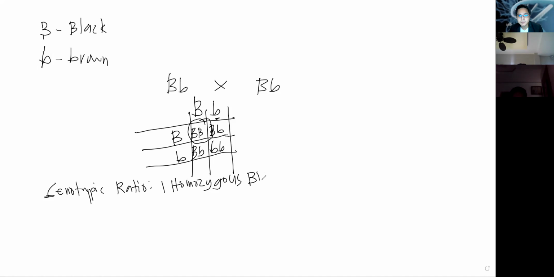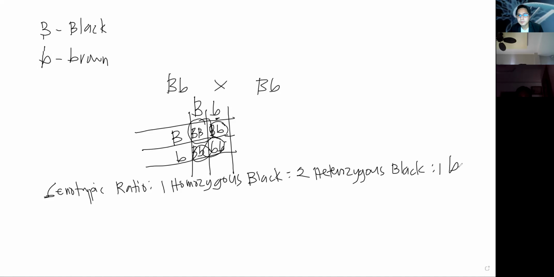Homozygous black is to 2 heterozygous black is to, how about the last one? It is 1 brown.